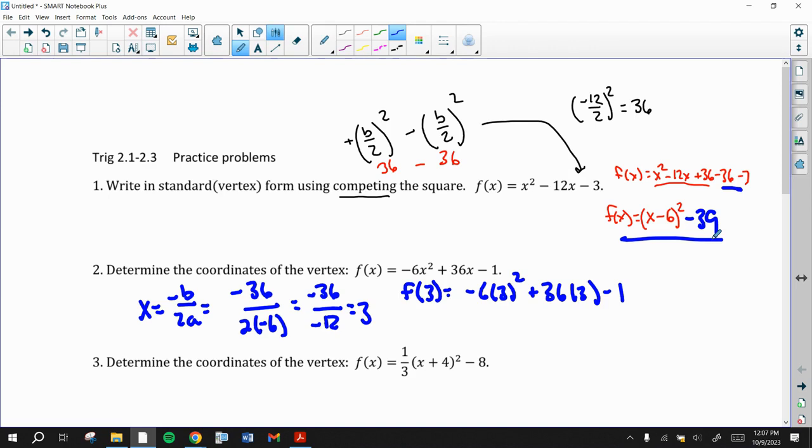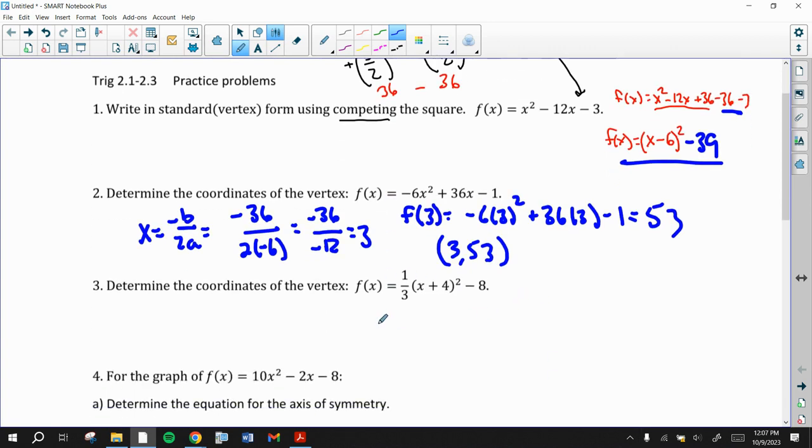I'm getting 53 for that. So what that tells me is the vertex is at 3 comma 53. So that's all there is to that. Next one.